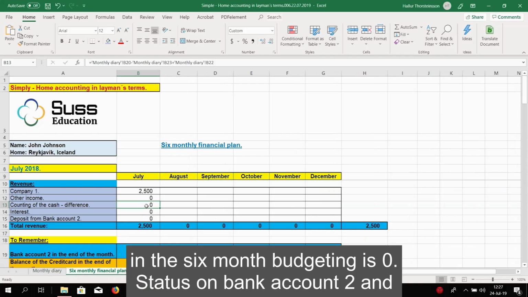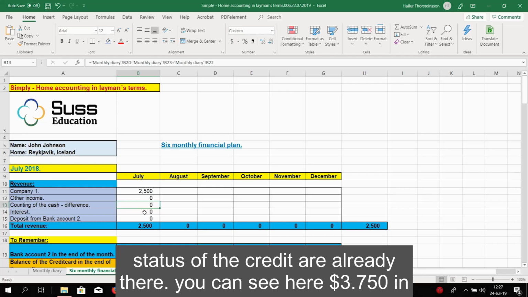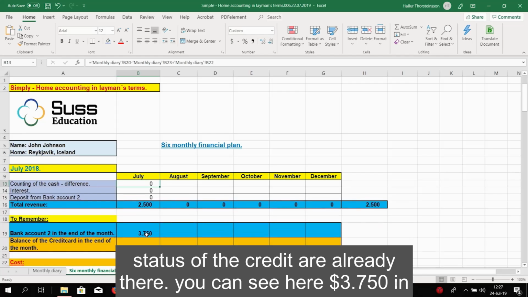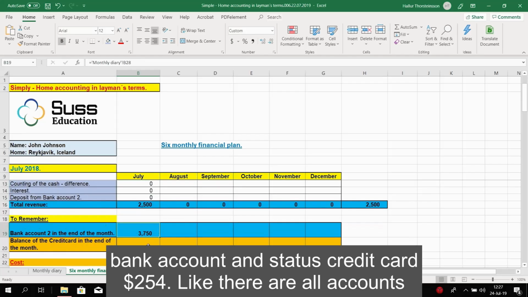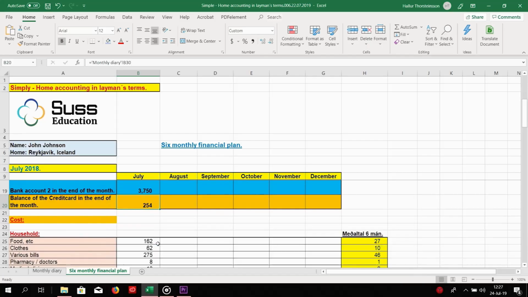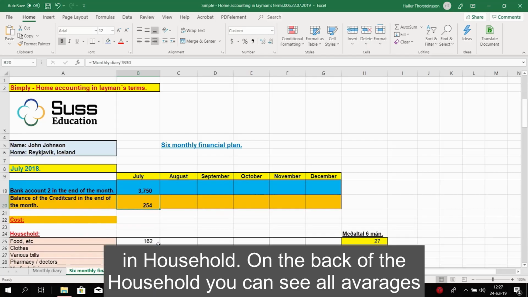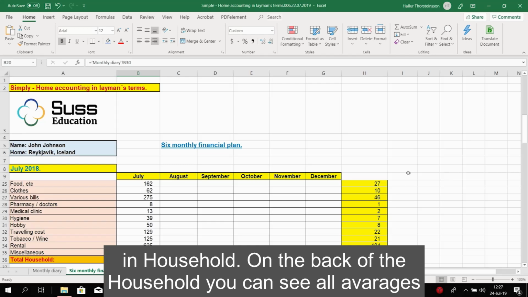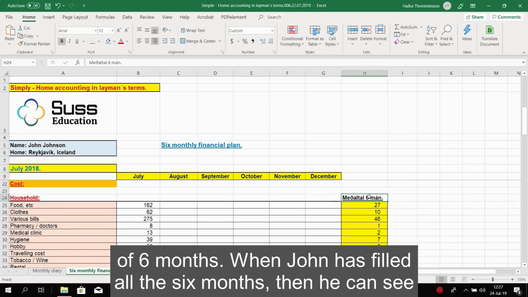Status on the bank account too, and the status of the credit card are already there. You can see here $3,750 in the bank account, and status of credit card $254. They are all accounts in a household. On the back of the household you can see all averages of 6 months.